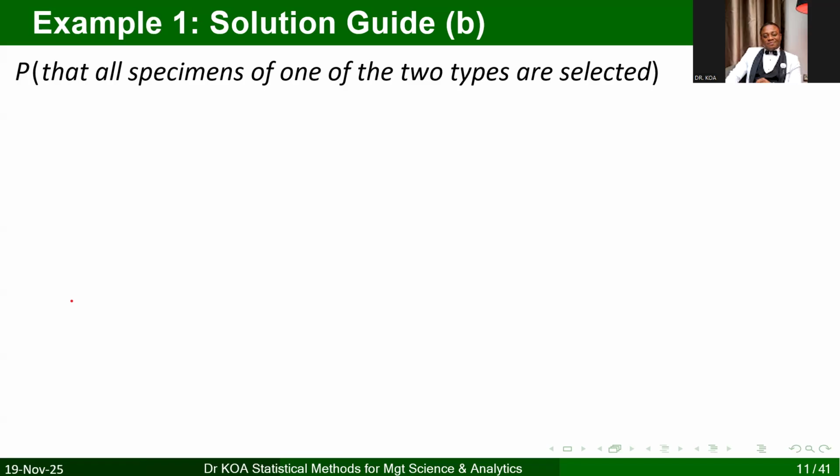Now, let me ask you, if all of the basalt are selected, let's just say here that X is 10 for the granite, and if all of the basalt are also selected, you also have 10. Now, if all of the basalts are selected, the sample is 15, isn't it?